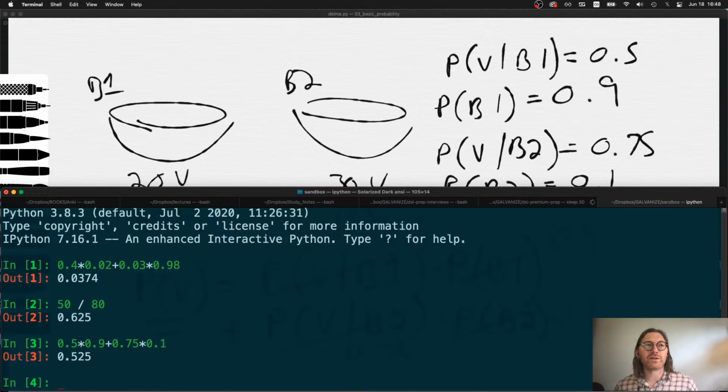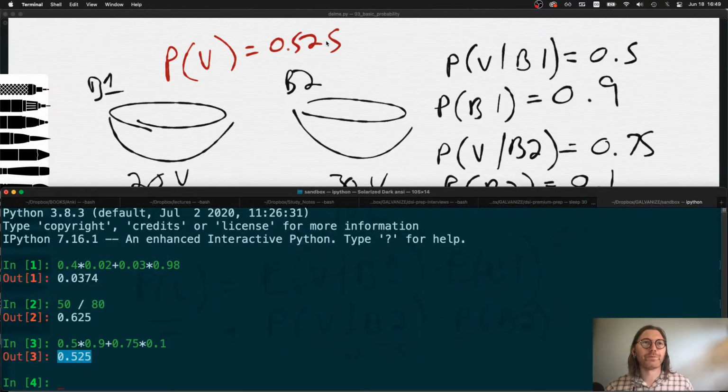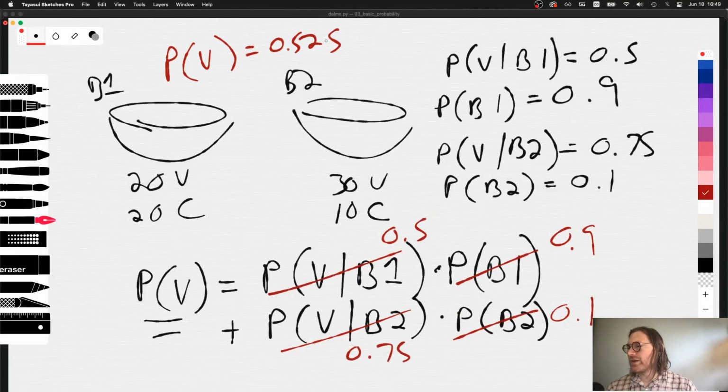In this case, we get a different answer, right? What we're seeing is a reduction in the probability of choosing a vanilla cookie, right? And if you think about that, it kind of makes sense, right? In this case, the probability of vanilla equals, what was that, 0.525, I believe? Yeah.